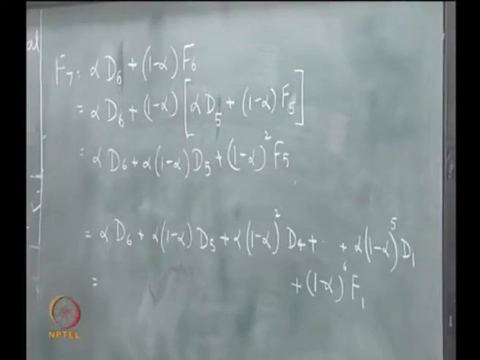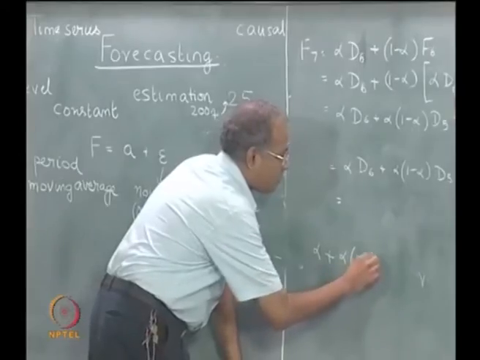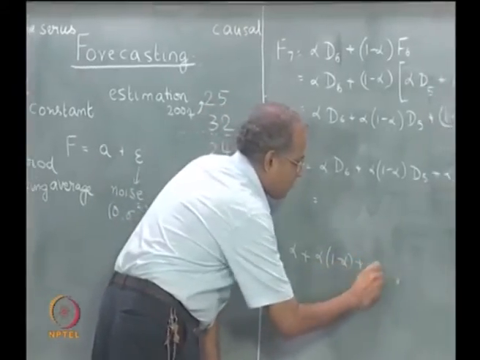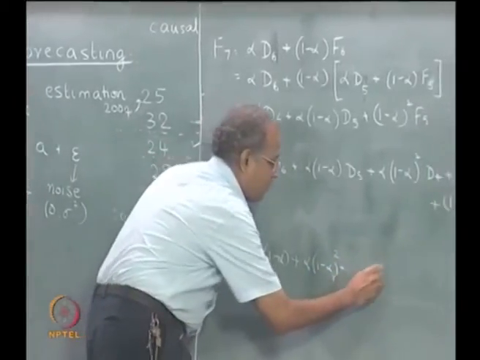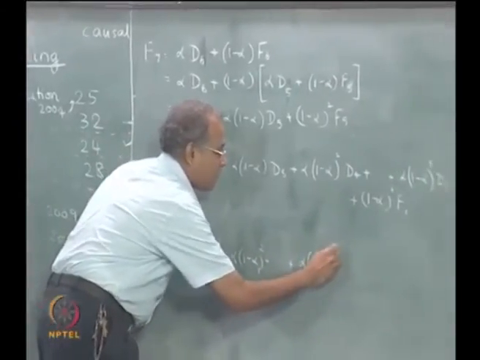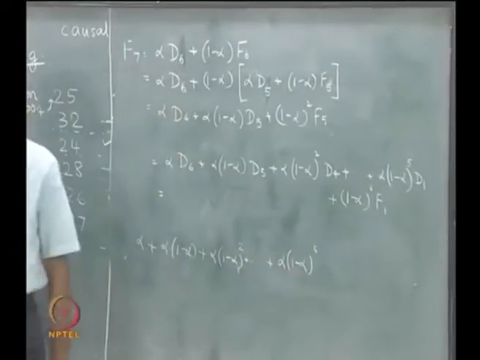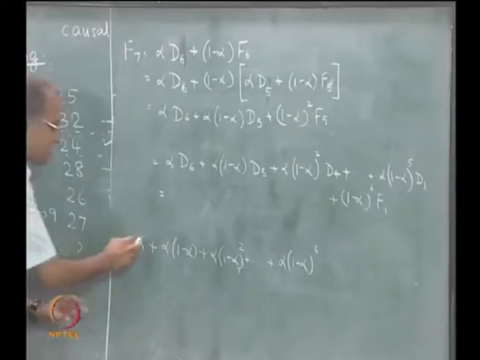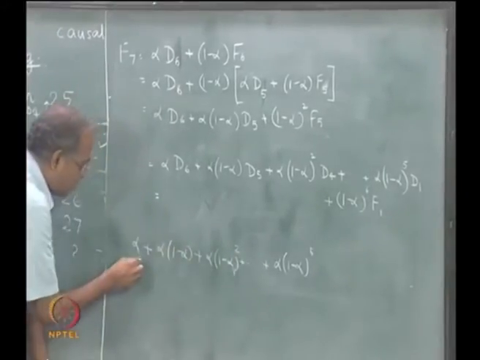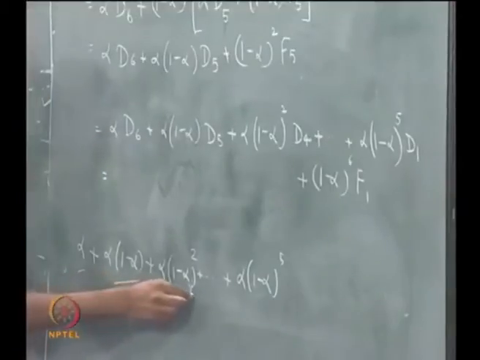The sum of the weights is alpha plus alpha into 1 minus alpha plus alpha into 1 minus alpha square, up to alpha into 1 minus alpha to the power 5. Now, if we look at these sums, this is one term, this is one term, this is one term, and so on.